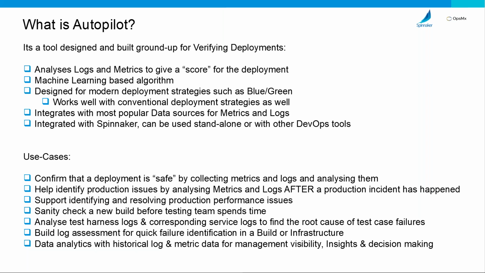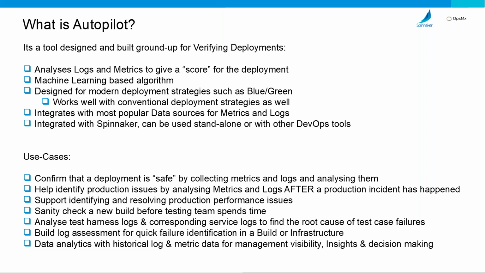At a very summary level, what Autopilot does is it analyzes the logs and metrics of an application that is running and compares it with the baseline. The baseline could be from the same application in time, or it could be another branch of the application running elsewhere.